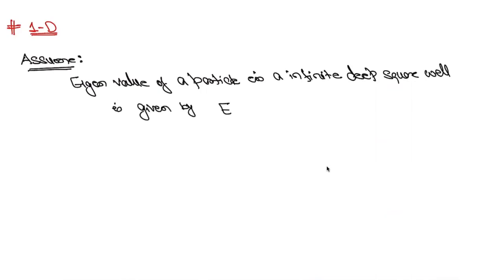we know that E_n, or simply you can write E, is n square h cross square pi square upon 2 m L square, or in terms of K also we can write that it is h cross square K square upon 2m.